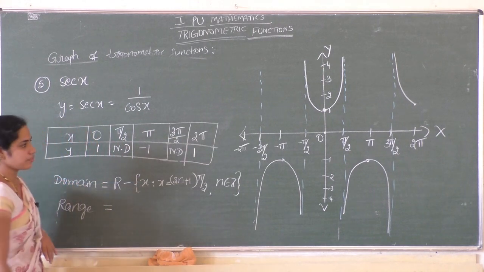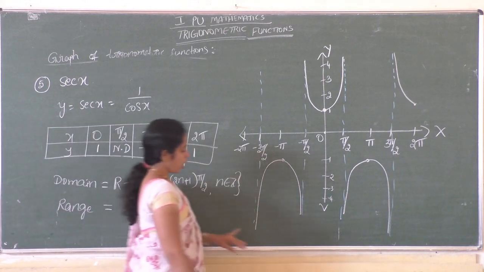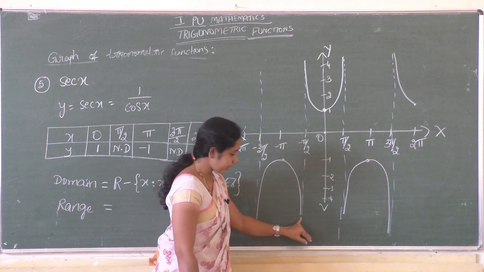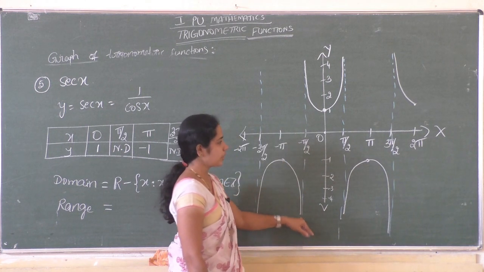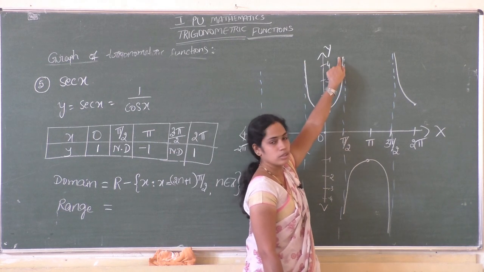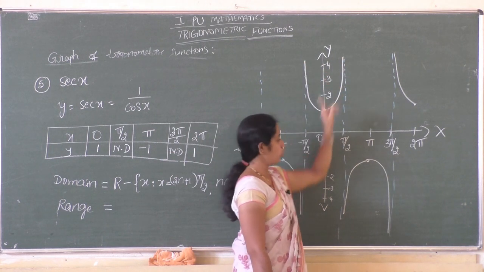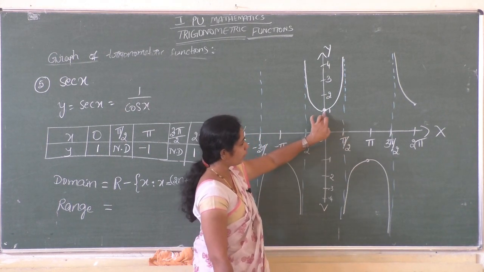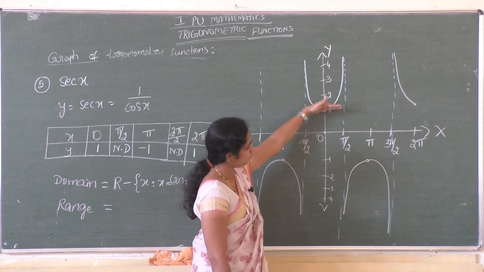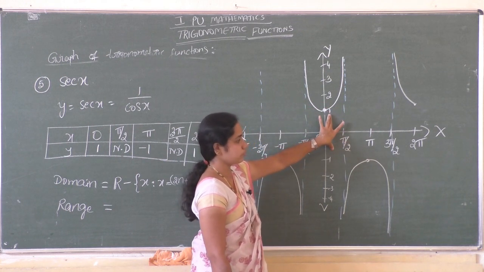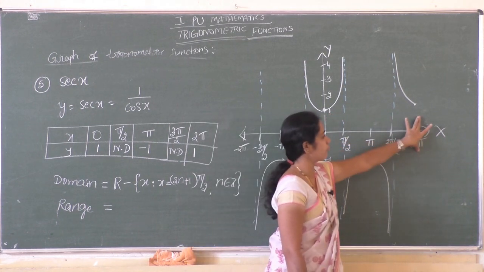What is the range? See, all the values: minus infinity to minus 1, and then from 1 to plus infinity. So throughout the graph you can observe there is no value between minus 1 and 1, correct? In the middle there is no y value.